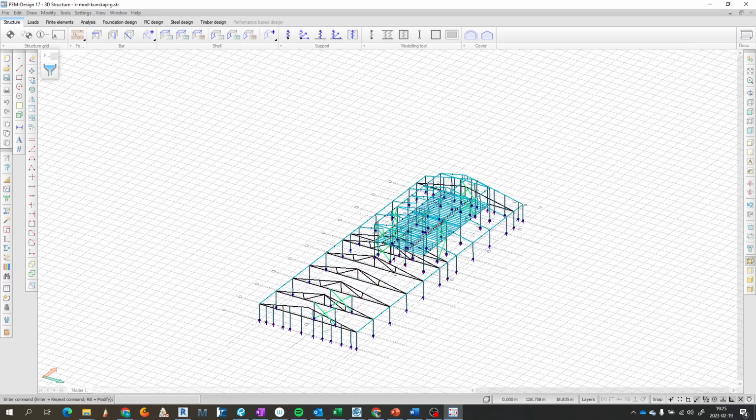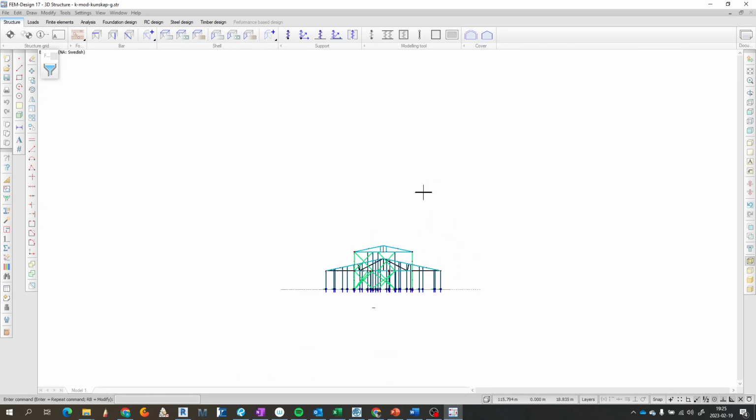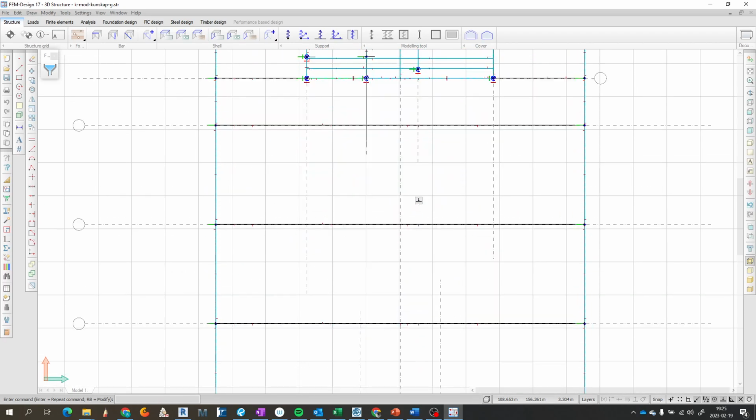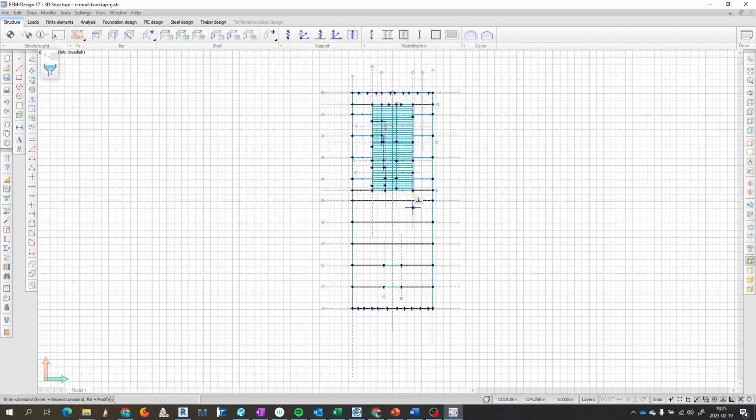We have the south view here. Of course, we need the plan view as well, and there is the geometry that you need to take care about if you are going to make sketches at the beginning.